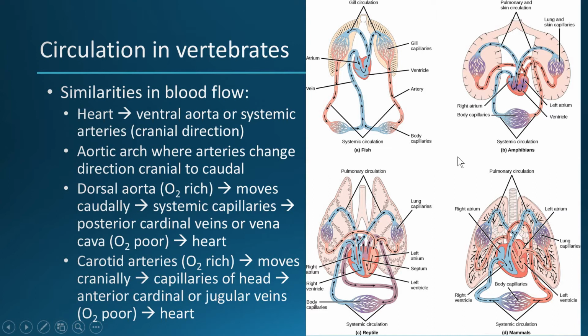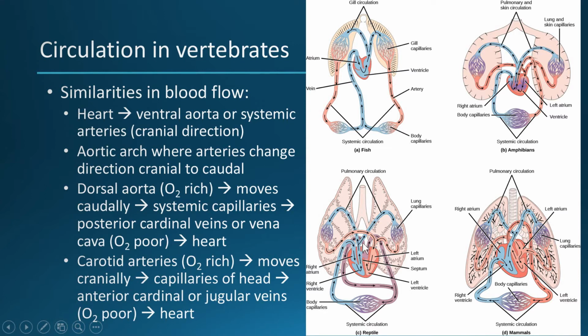Then, in all cases, there's some kind of arch. Over here in fish, you can see how it makes an arch and turns direction, changing from going cranial to going caudal. And now after the arch, you've got blood going down these arteries toward the caudal, or the posterior.